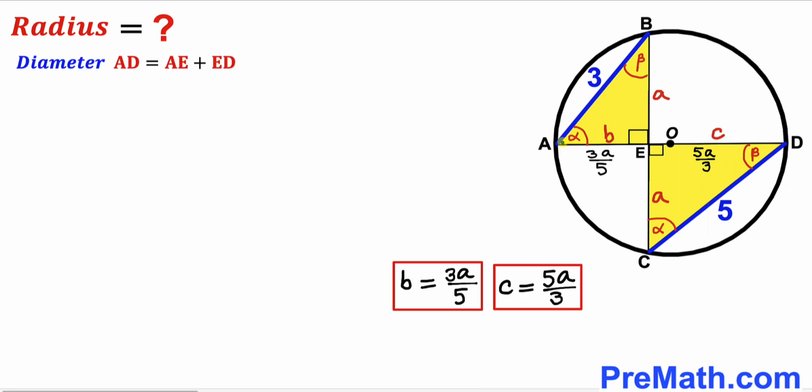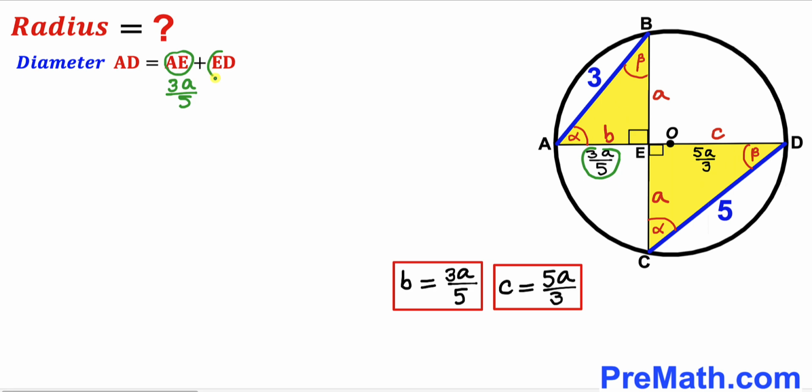And now let's make an observation. We can see that this whole diameter AD is going to be equal to the sum of these two segments, AE and this other segment ED, as you can see in this given equation. And here we can see that this AE segment length is 3 times a divided by 5, so I'm going to replace that one with 3a divided by 5.